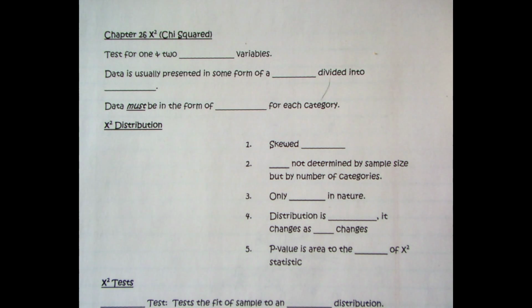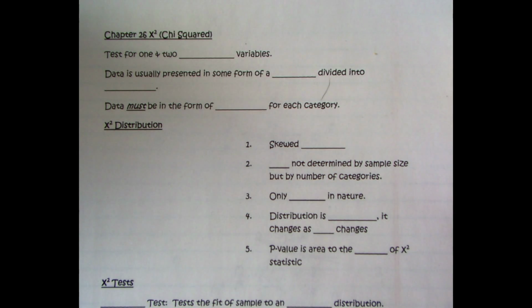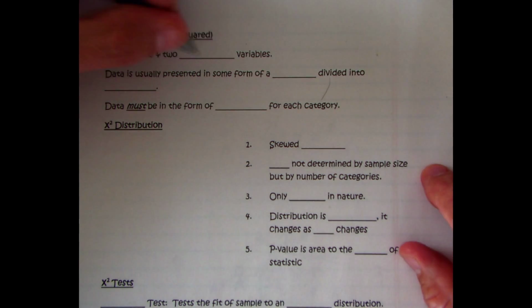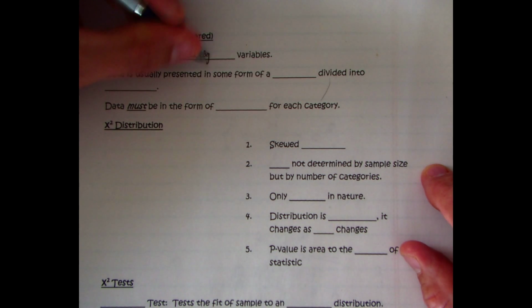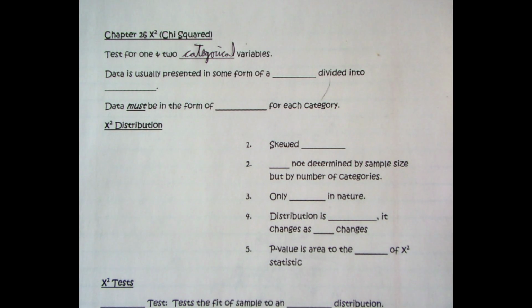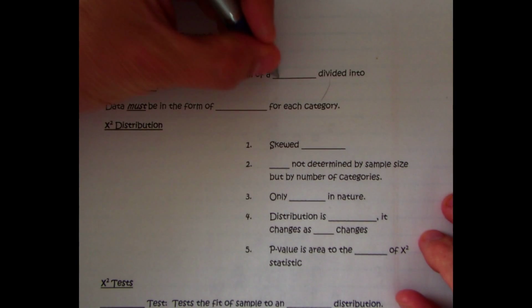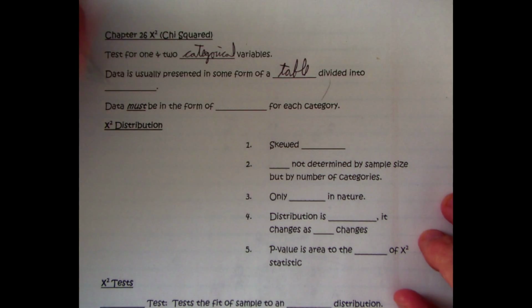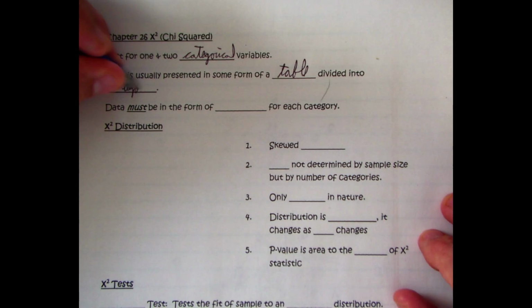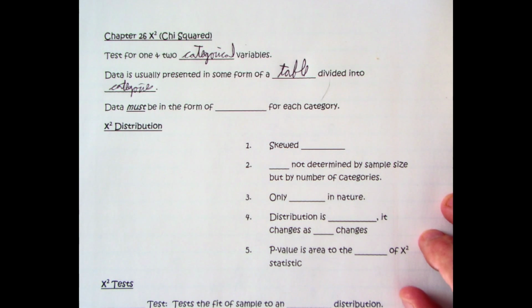Alright, so let's talk about chi-square. Chi-square is a test, again, we're dealing with for one or two categorical variables. So we're still dealing with categorical data. Data is usually presented in some form of a table divided into categories. So usually that's the giveaway.